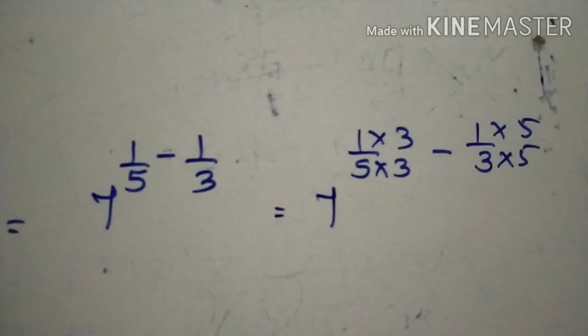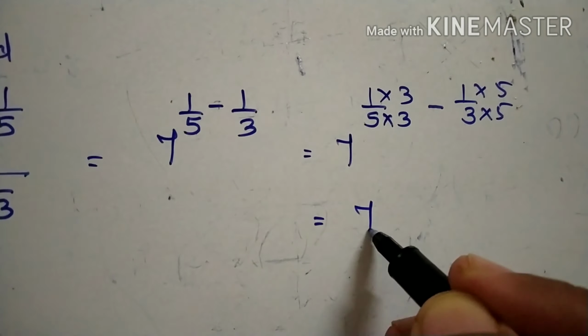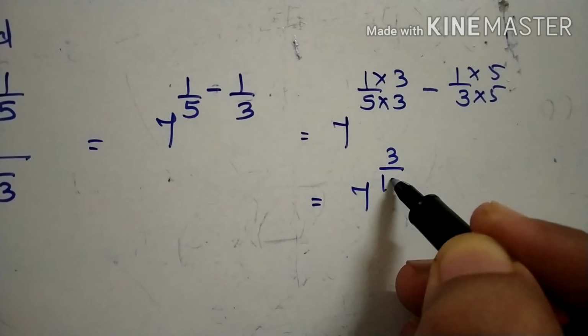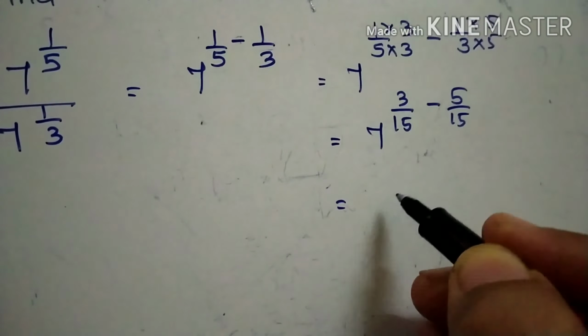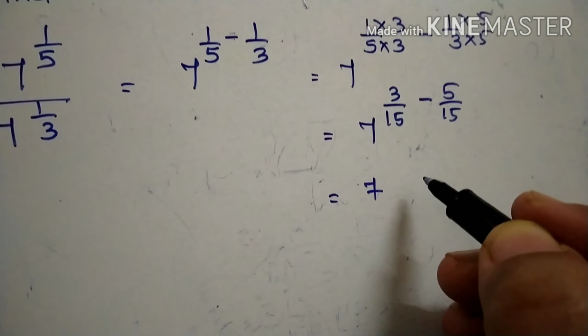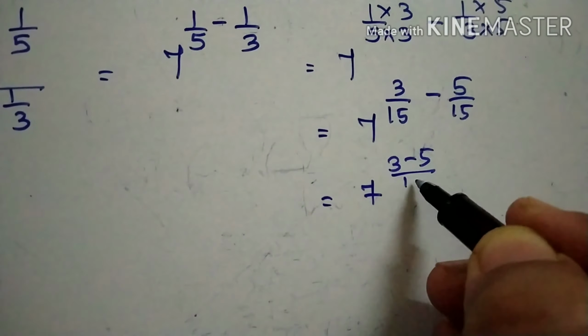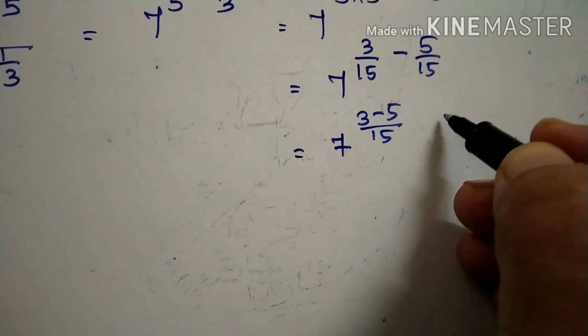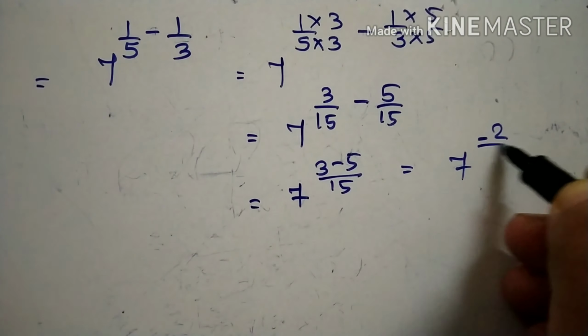So what will we get? 7 raised to 3 upon 15 minus 5 upon 15, so 7 raised to 3 minus 5 upon 15. So that is 7 raised to minus 2 upon 15.